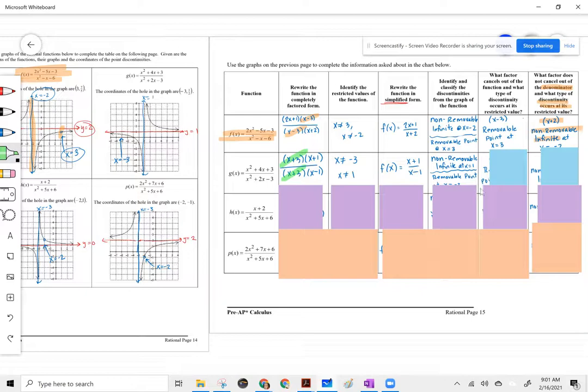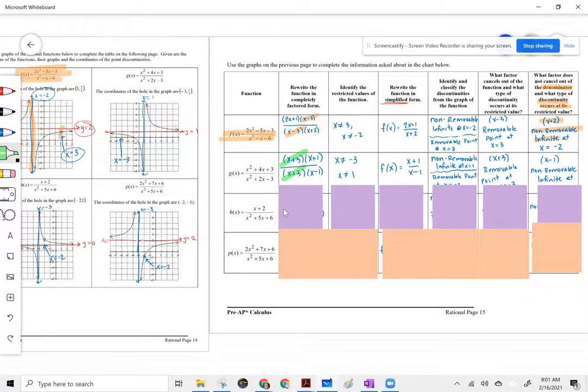Now we identify and classify the types. Which factor cancels out? Well, x plus 3 cancels out, and that's point discontinuity. What factor does not cancel out? x minus 1 does not cancel out, and that's non-removable infinite.